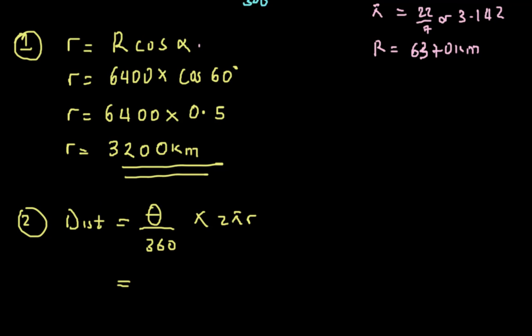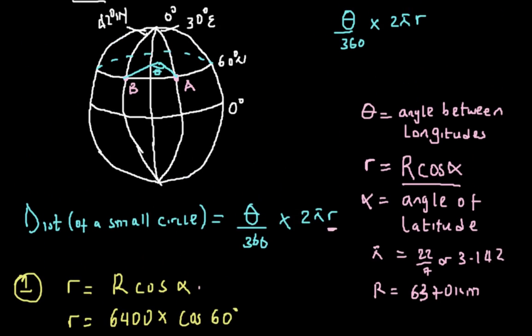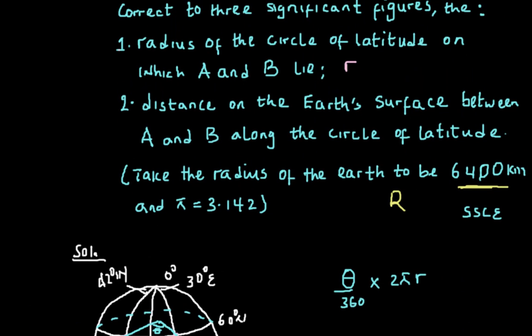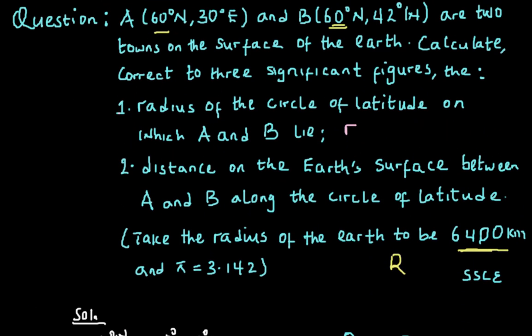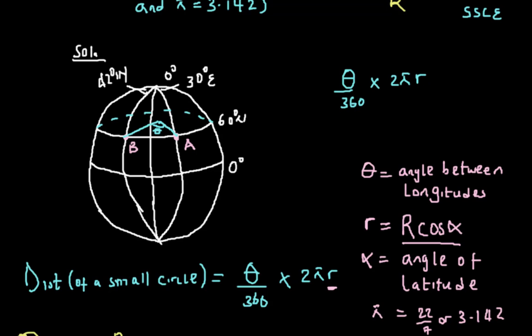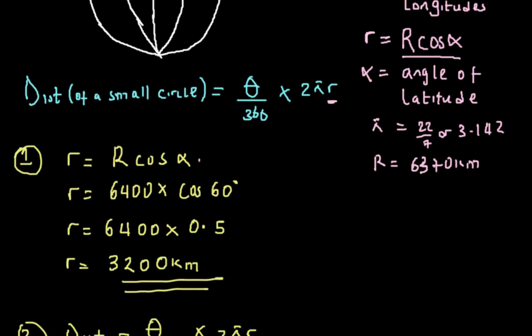Now theta is angle between longitudes, and here we have the longitudes as 30 degrees east and 42 degrees west. So they are on different sides, and when they are on different sides, we say we add. So it means that the angle of longitude will be 30 plus 42. 0 plus 2 is 2, 3 plus 4 is 7. So we are going to be having 72 degrees as our theta.